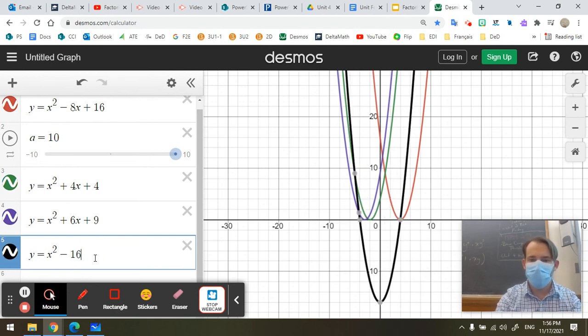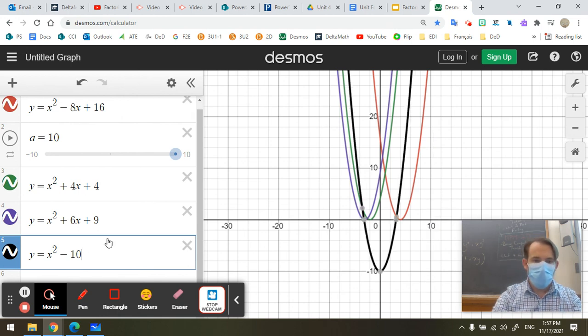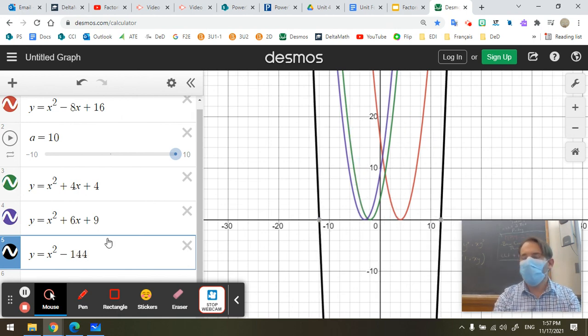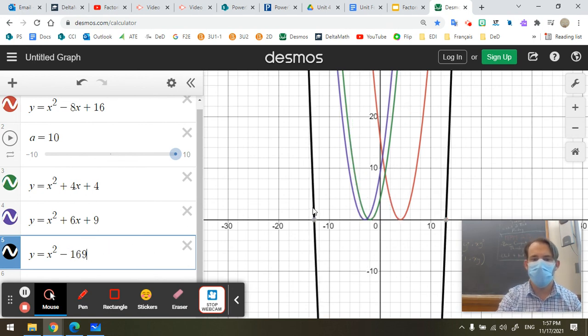Minus 16 now has roots at negative 4 and 4. Minus 100, roots at negative 10 and 10. 144, 12 and 12. 169, 13 and 13, difference of squares. Okay, that's a longer lesson than I thought.